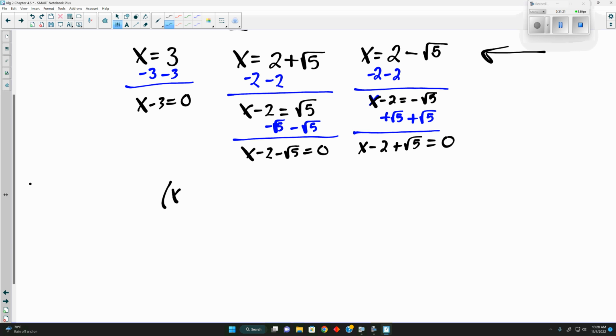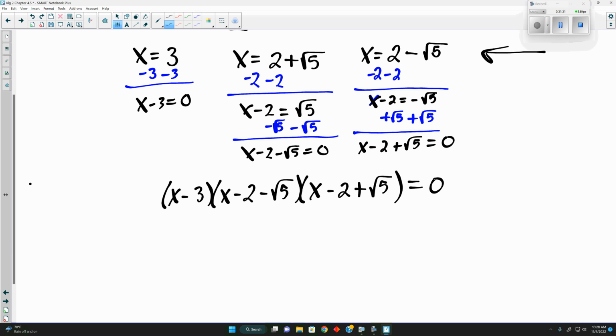So we're saying that we have x minus 3 times x minus 2 minus the square root of 5 times x minus 2 plus the square root of 5, according to the zero product property of multiple things. If we have multiple sets of things multiplied together that equal 0, one of them must be 0. Here we have 3 things that are equal to 0, so we can multiply them together, and they're still going to be 0.